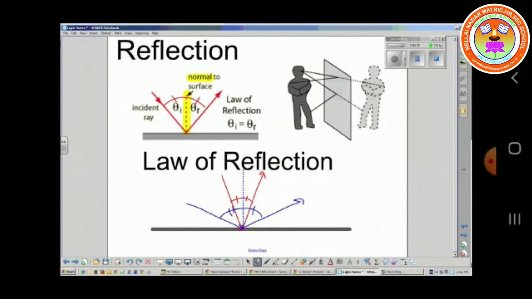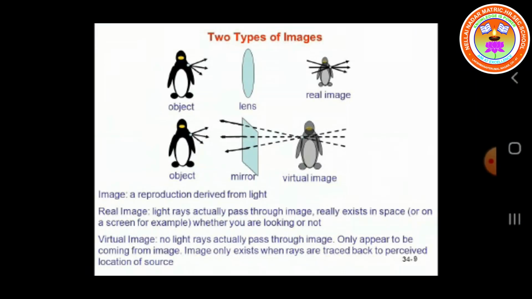Next, let me explain real and virtual images. We have two types of images, real and virtual images. We have seen images being formed in a pinhole camera and a mirror. Can we see what is different in both of these images? Firstly, the image of the pinhole camera was formed on a screen, while the image made by the mirror is not obtained on a screen.